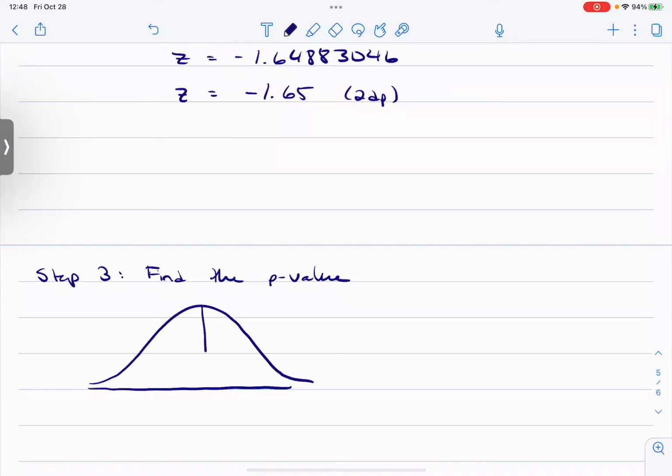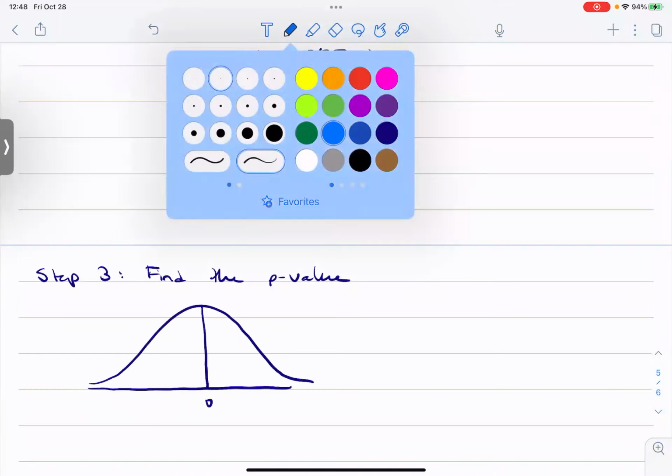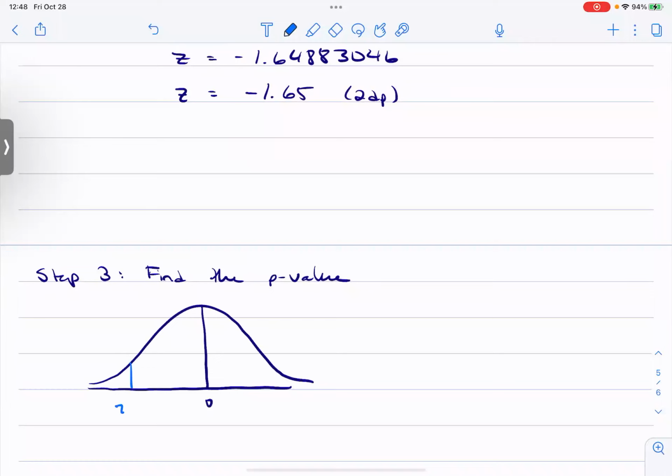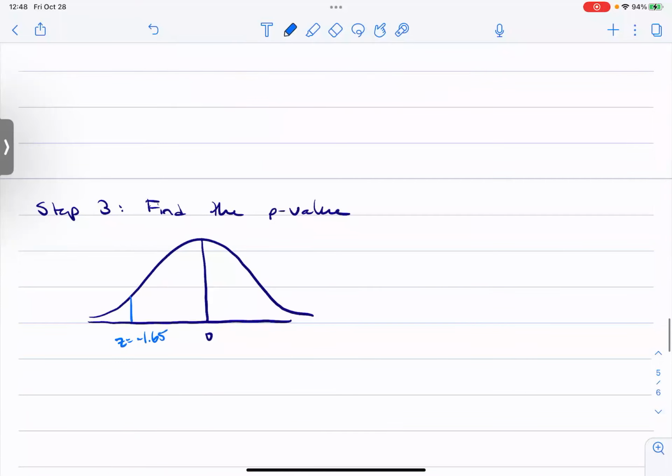In terms of our normal distributions, Z is centered on 0, and I have a Z of negative 1.65. So this area is the one-sided p-value.